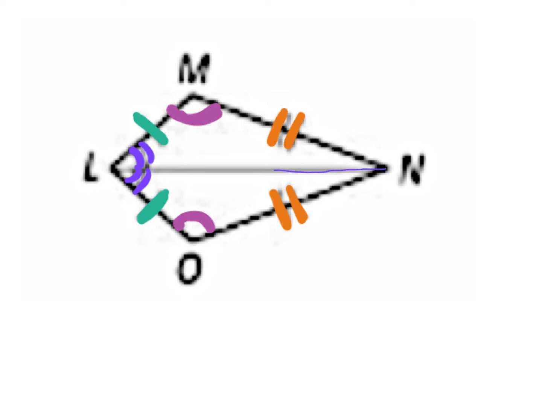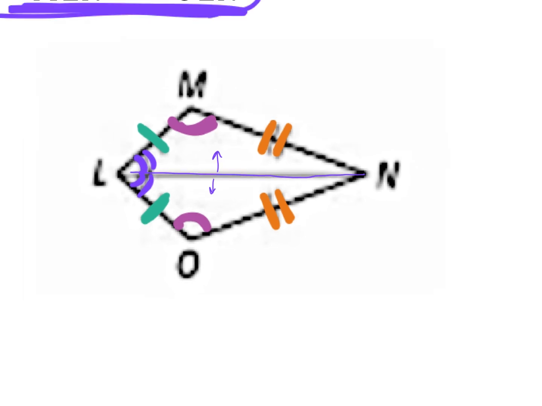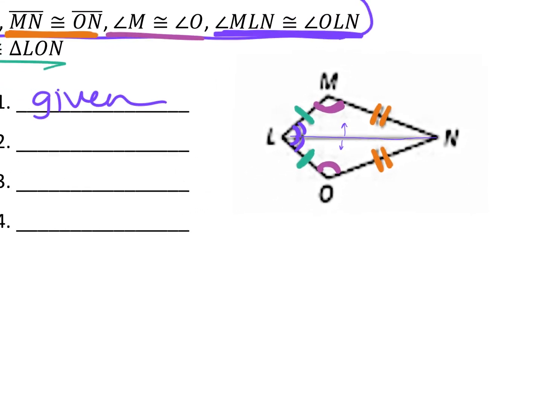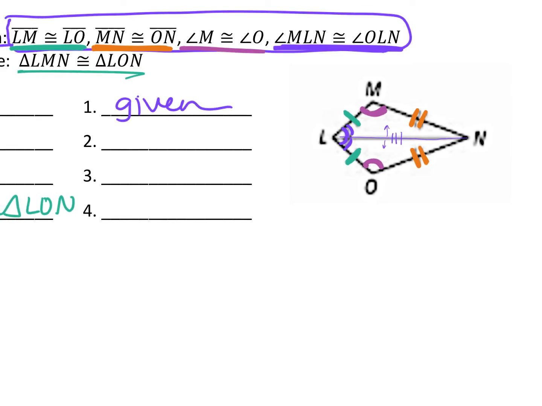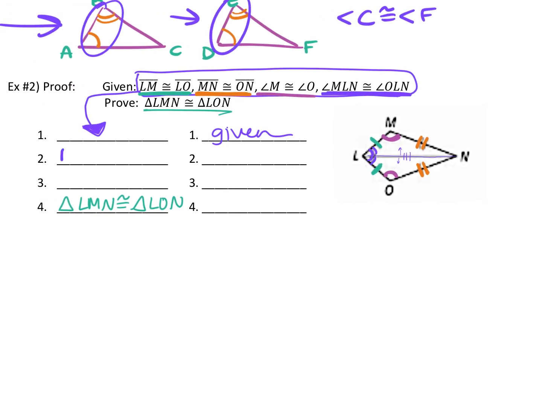So this is one segment that's the bottom segment of this triangle. It's the top segment of that triangle. They're the same segment, right? So we're saying right now that LN is congruent to LN. So LN on the top triangle is congruent to LN on the bottom triangle.